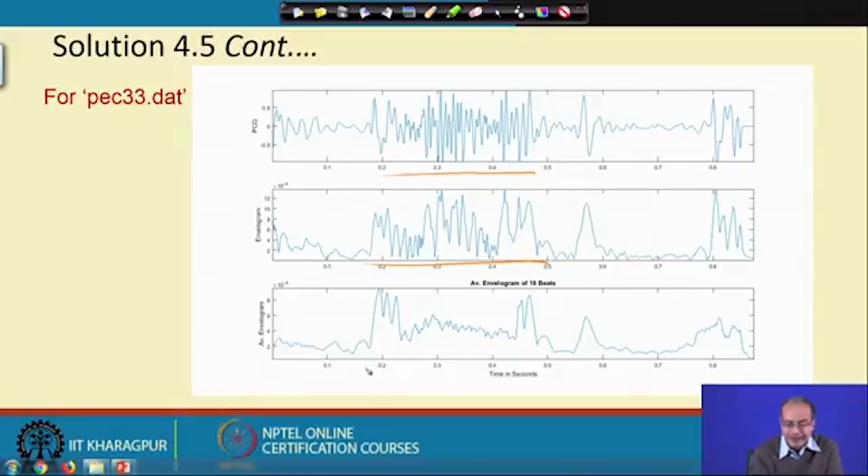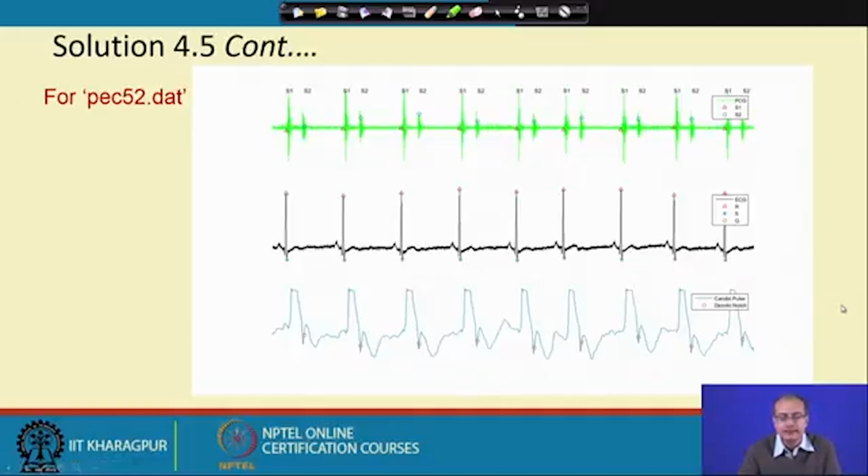However, when you go for the average envelopegram, S1 and S2 are coming in a much more prominent way. Okay. So, that is the benefit of going from the envelopegram to the average envelopegram.